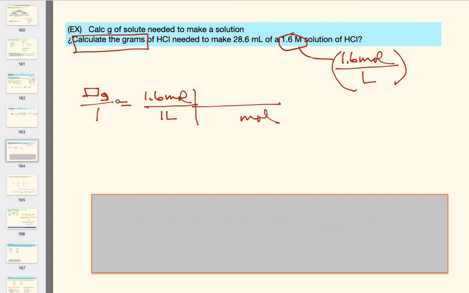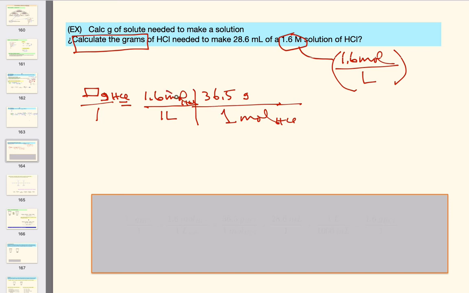By the way, our solute is obviously HCl. Moles of HCl and moles of HCl. So I know for every 1 mole of HCl, there's 36.5 grams. That's the molar mass. We just calculated that on another question.